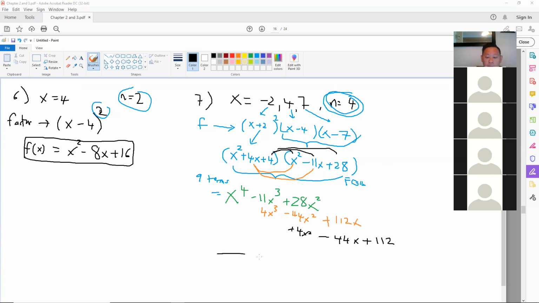And then you just add them up. So this will be x to the 4. This will be negative 7x cubed. Again, calculate if you need to. 32, take away 44. Anyone? How many x squared do we have? 12, right?